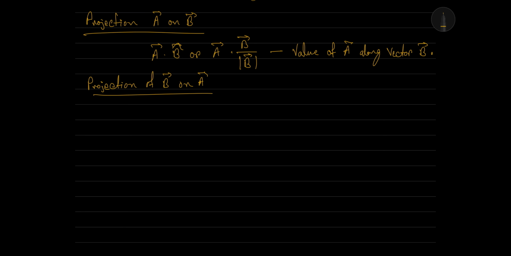It will be simply the opposite, that is B vector dot A cap or B vector dot A vector by mod A vector.